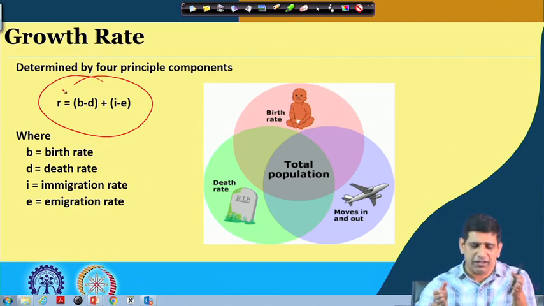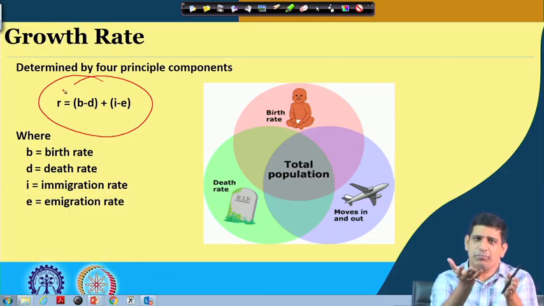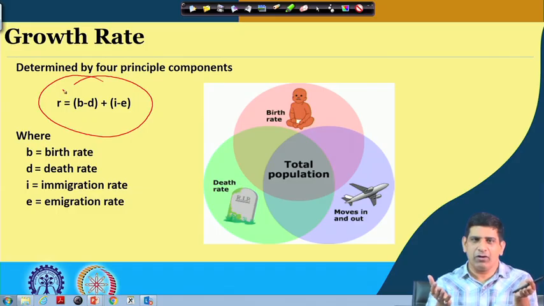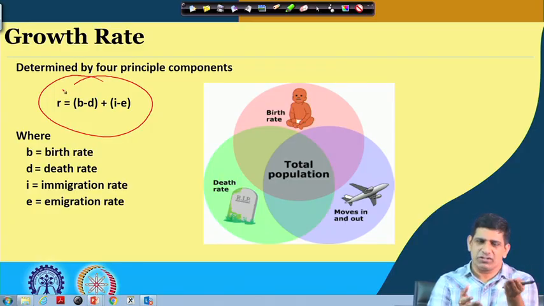If B is equal to D, say on a particular day, 100 babies are born and 100 of us pass away, then B minus D will be 0. But usually B is higher, D is lower, because as we make more progress in terms of medical advances, D is lower and lower. B is getting lower too, but B is still pretty high. So B minus D is a positive number.